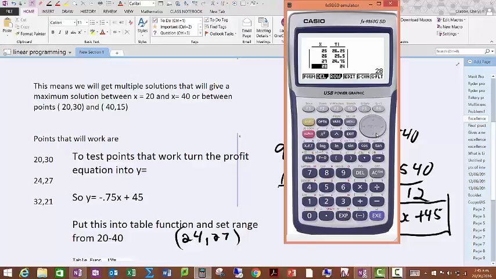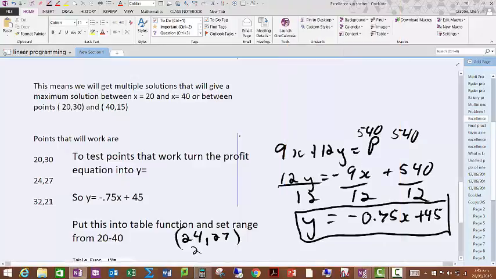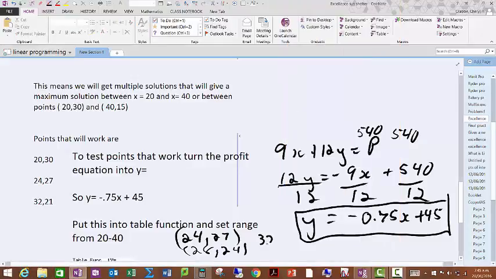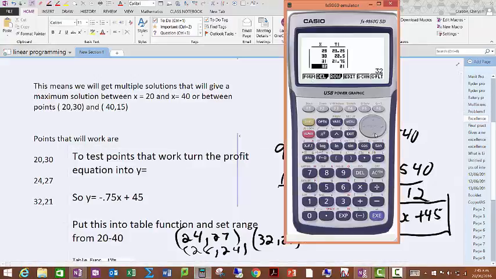There's 28 and 24, so we write that, 28 and 24. We scroll through our calculator until we hit all the whole number solutions between 20 and 40, and we keep scrolling down, and you get the idea.